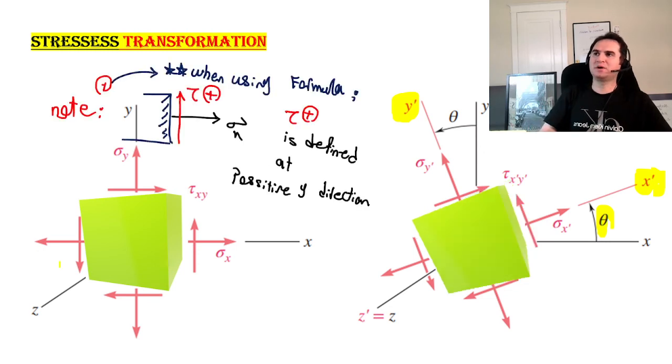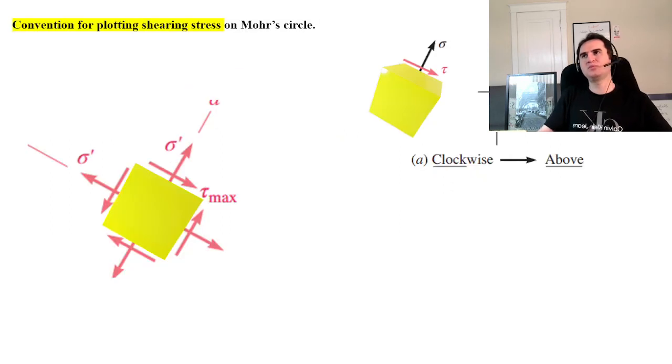Just keep in mind, if you are using the equations, a positive tau is defined to be in the positive direction in the y direction. So this tau is definitely positive. And when you're using the Mohr circle, just look at the elements.